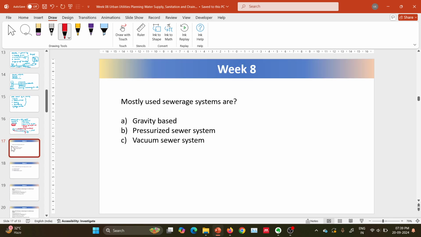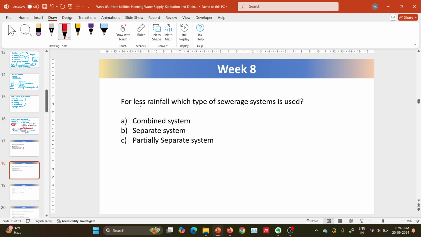Now we can proceed with few questions. So mostly sewerage systems are gravity based, but in some cases we can use pressurized sewer systems and vacuum sewer systems. For less rainfall, which type of sewerage system is used? For less rainfall, we use combined system, because if there is less rainfall, we can combine the rainfall water with the sewer system, and if we don't do that, then we have to make extra drainage pipelines, which will cost us more.